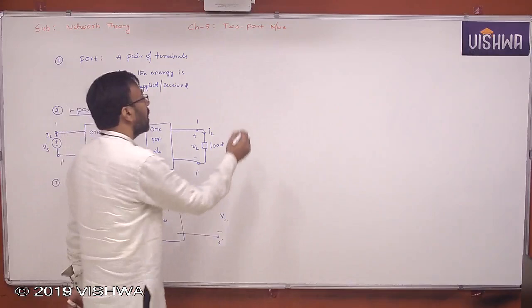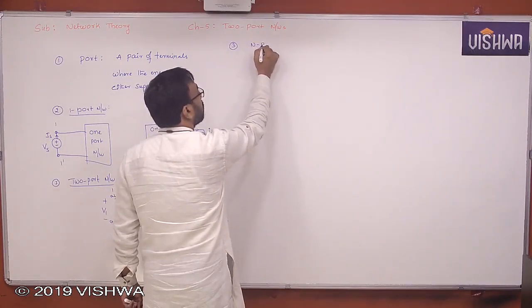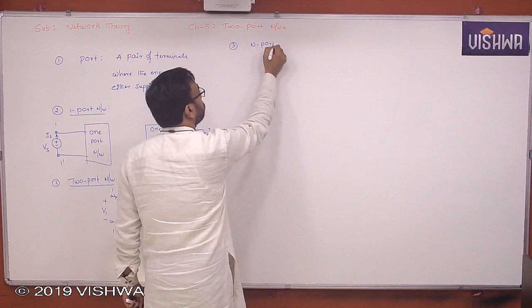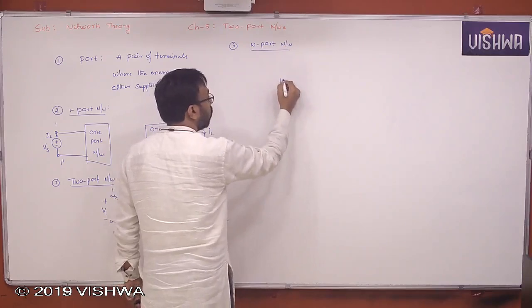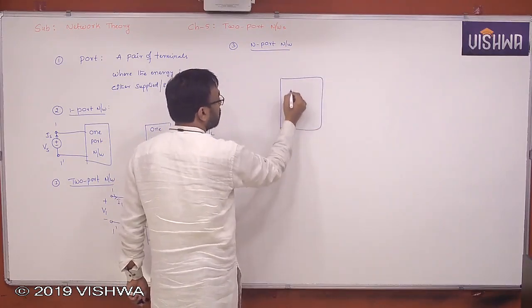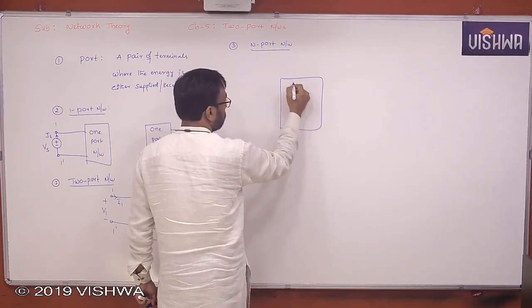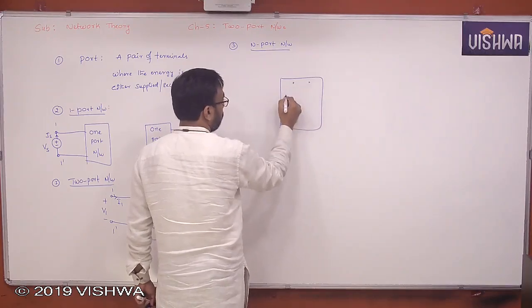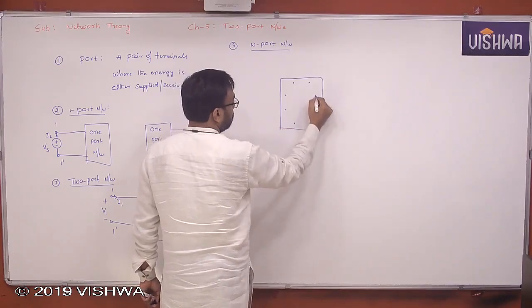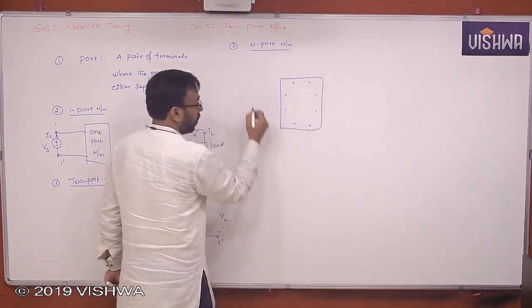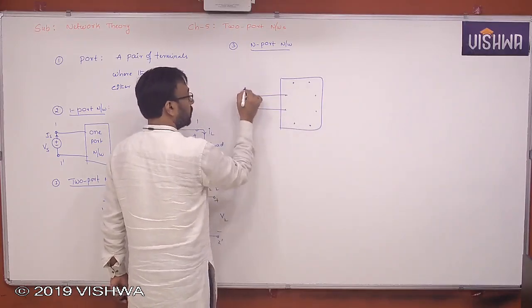Similarly, you may also have an N-port network. An N-port network has N pairs of terminals. Look at this. This is the first port, 1, 1 dash.